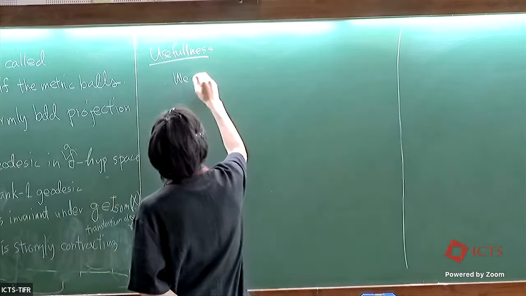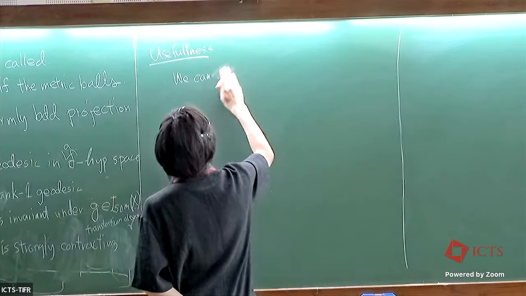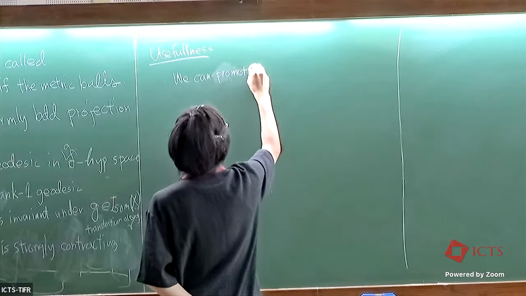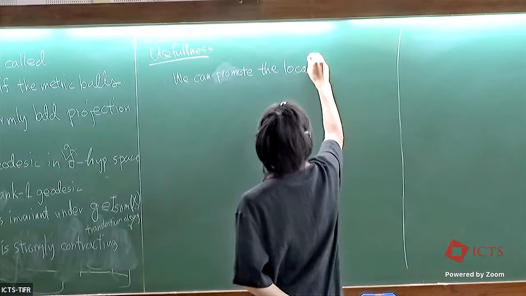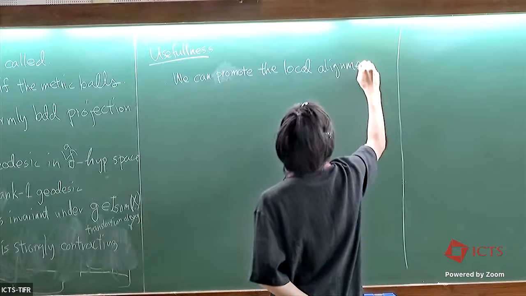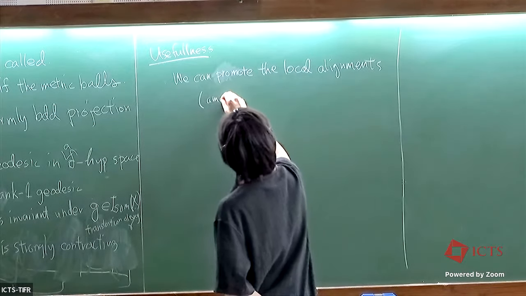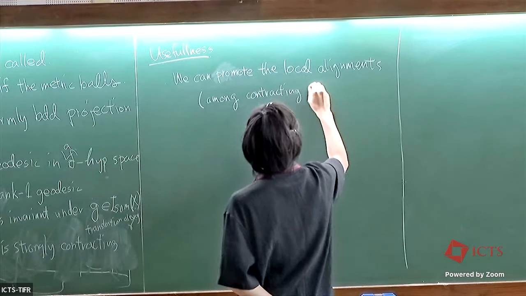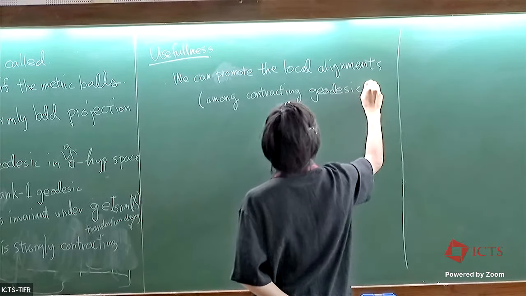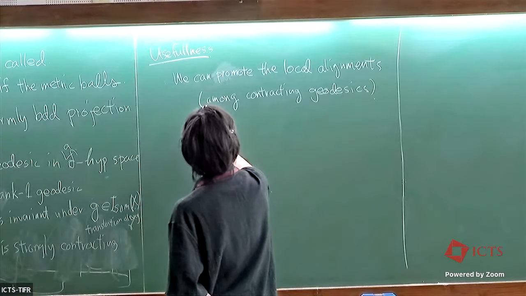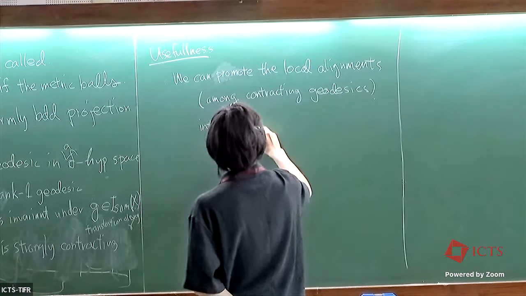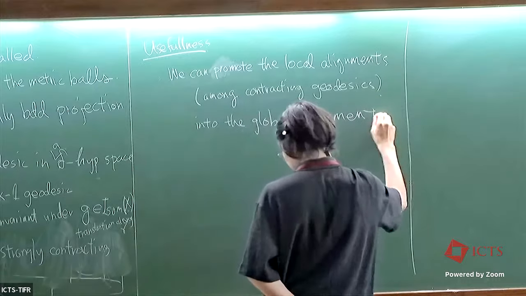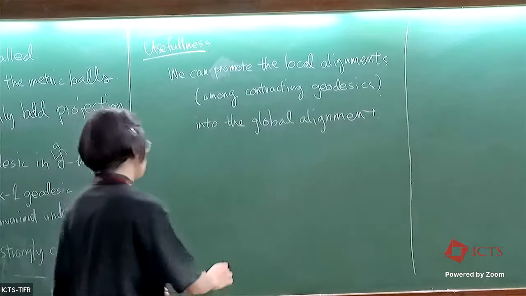I can write it like this: we can promote the local alignment among contracting geodesics into the global alignment. To be precise, I'll draw a schematic.